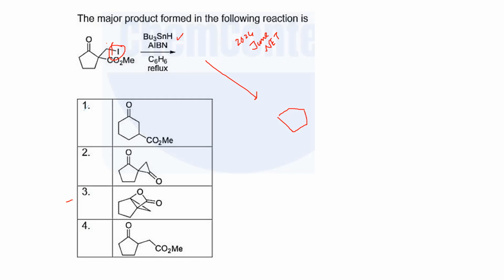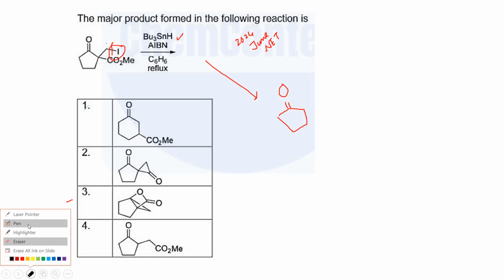Whenever there is Bu3SnH and a carbon halide bond, it undergoes a homolytic cleavage and generates a radical here.